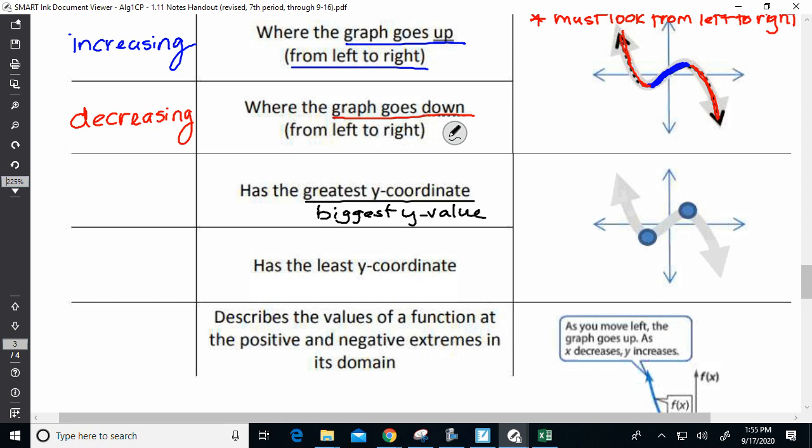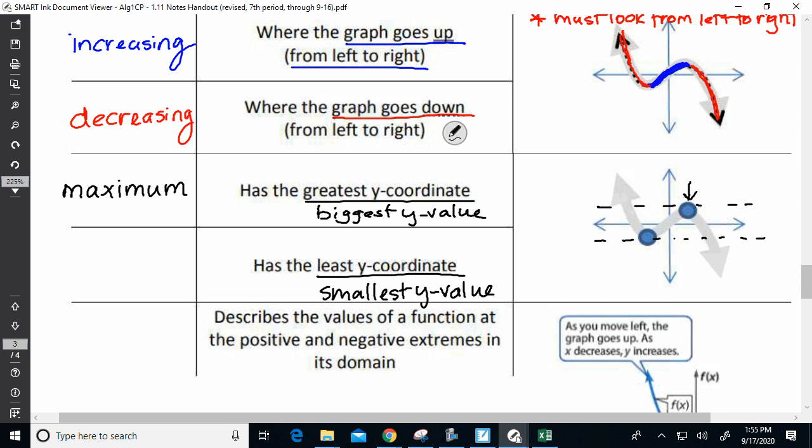Wherever the biggest y value is, which would be where this point is, that is called the maximum. The least y coordinate, which is the smallest y value, down there, that is called the minimum.